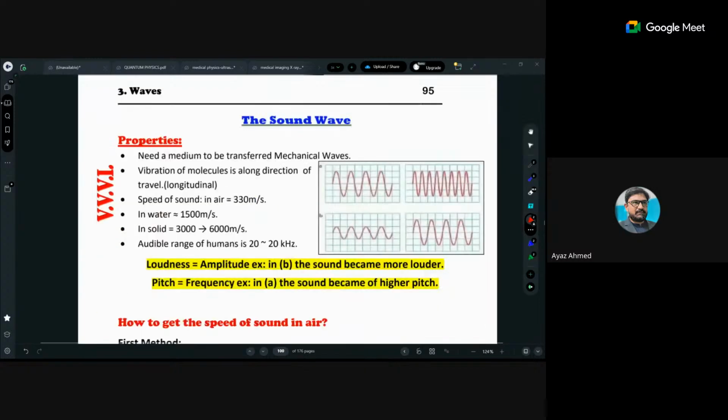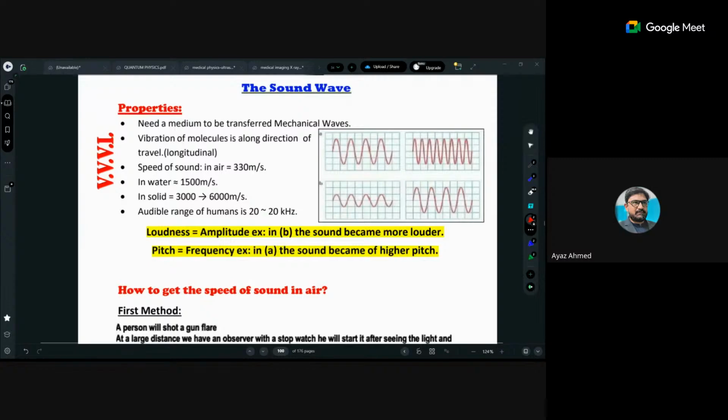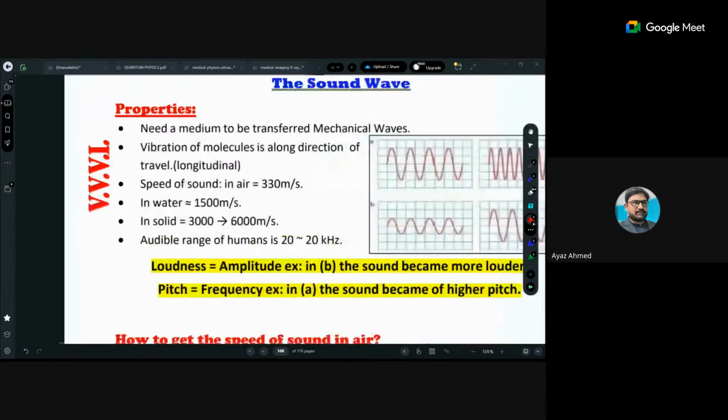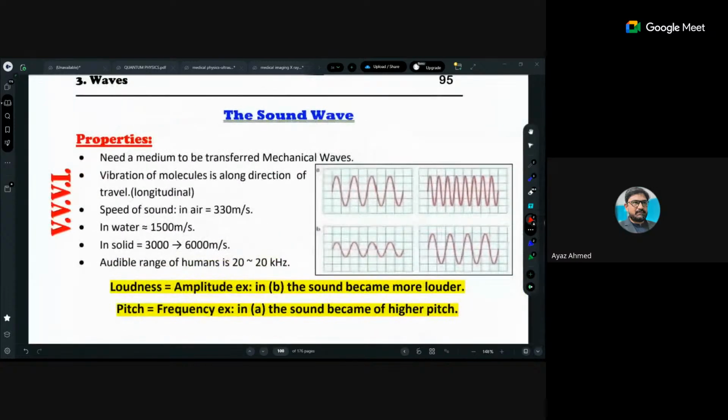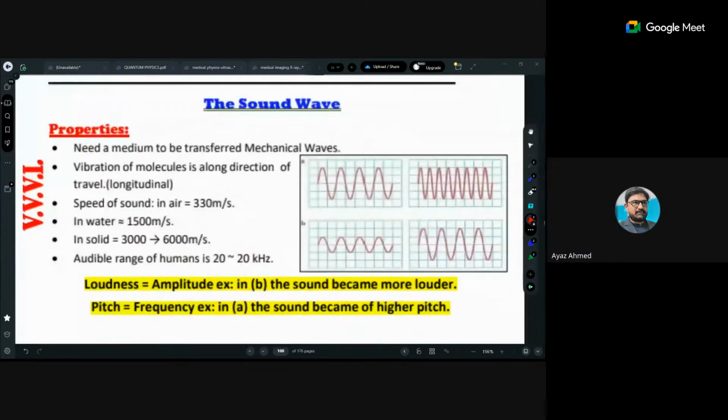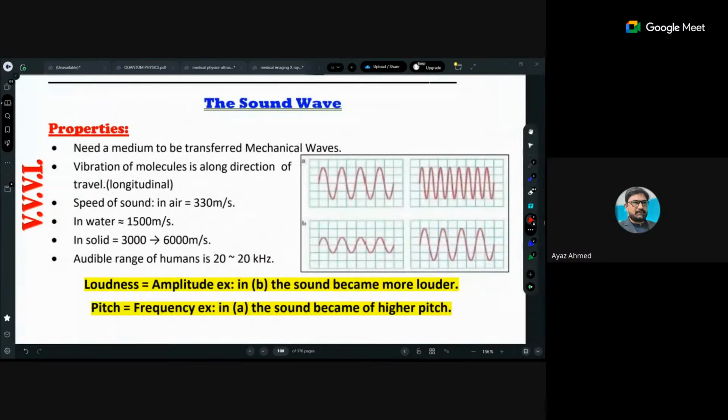Then you will talk about the sound wave. Okay. There are some very very very important sound wave properties. ये जो triple VI लिखा हुआ है ना, it means that these are very important properties. Sound needs a medium for the propagation. It is a mechanical type of wave. The vibration of particles is along, so that's why it is classified as longitudinal.